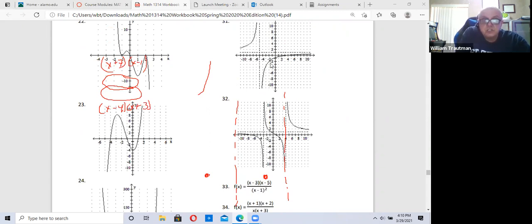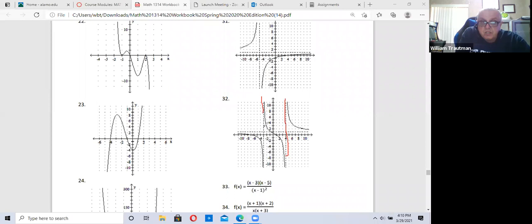Those are the two asymptotes I drew, and then we had an x-intercept here and an x-intercept here, where the graph crosses the x-axis. Some more test points would verify it, but as long as you had the asymptotes and the x-intercepts, I think that's all you would need.